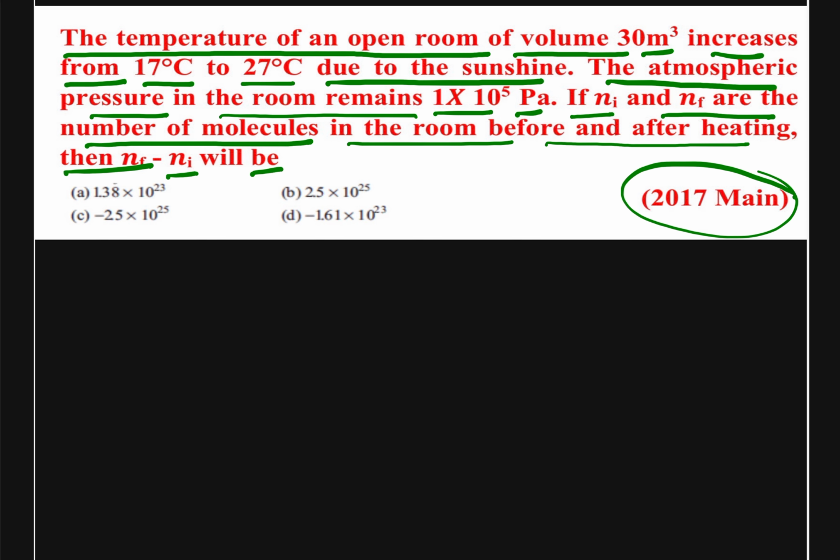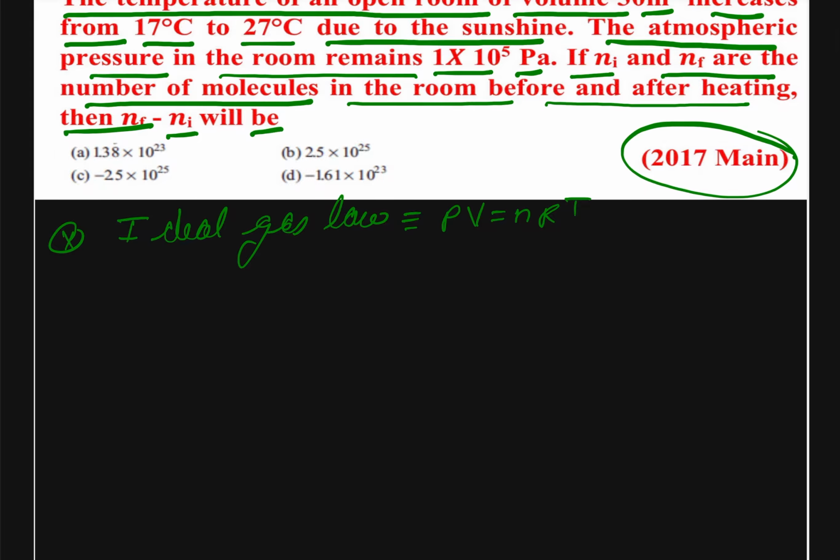So we can say ideal gas law, which is PV is equal to nRT, at constant pressure and volume.